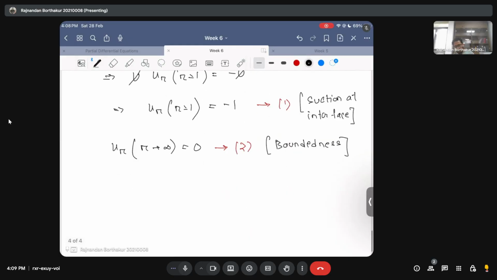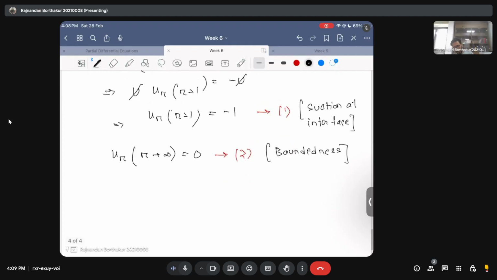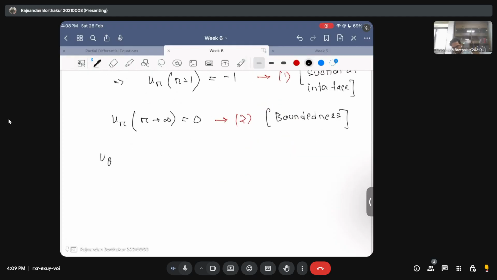All right. So let's then write down the theta boundary conditions. I know that u theta prime at r prime equal to a is going to be equal to omega a.